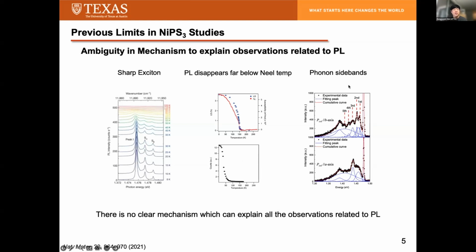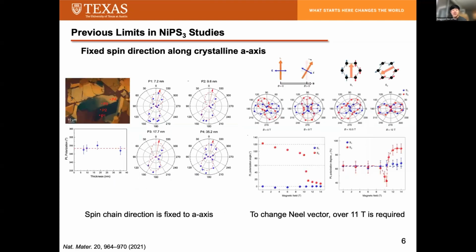The last piece of ambiguity is that there is a phonon sideband next to the very sharp exciton emission. This kind of feature usually requires bound states, but there is still some ambiguity in explaining the coupling between the phonon and this exciton. But not only that, there is one more limit. This is a very serious limit for spintronics applications.